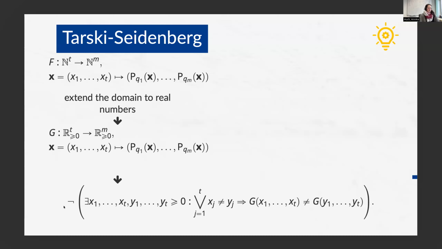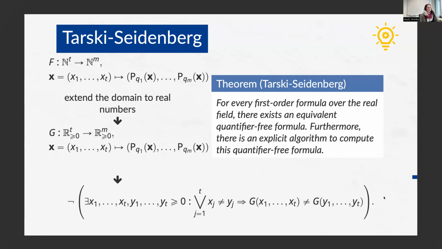First of all, we can express it in first order quantifier logic. And then we can use the Tarski-Seidenberg theorem, which says that for every first order formula over the real field, there exists an equivalent quantifier-free formula. And there's an explicit algorithm to compute this quantifier-free formula.